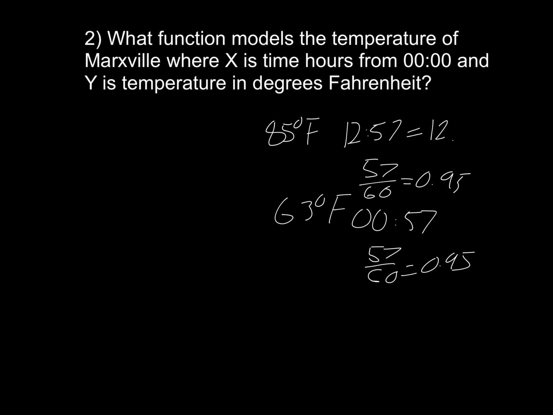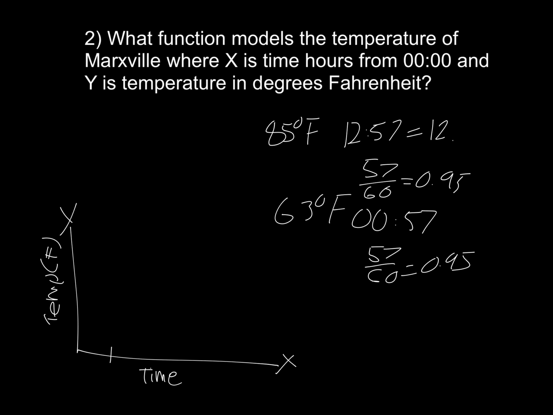Okay, so let's go ahead and draw a graph. So we have the y as the temperature in Fahrenheit, and the x as the time. So let's mark our points. The minimum time is 0.95. The max is 12.95. And the minimum temperature is 63 degrees Fahrenheit. Max is 85. And we could do 85 plus 63 divided by 2, which gives us 74.